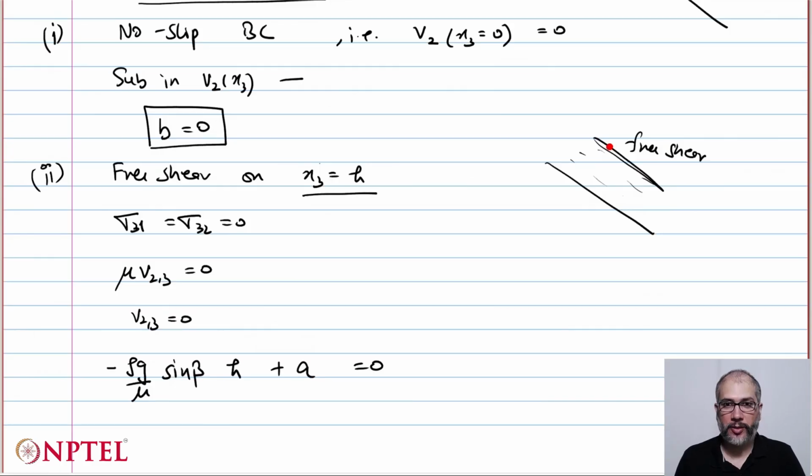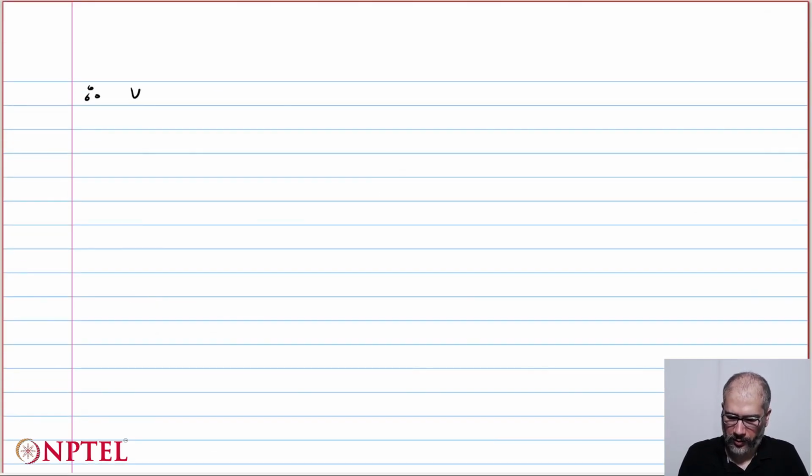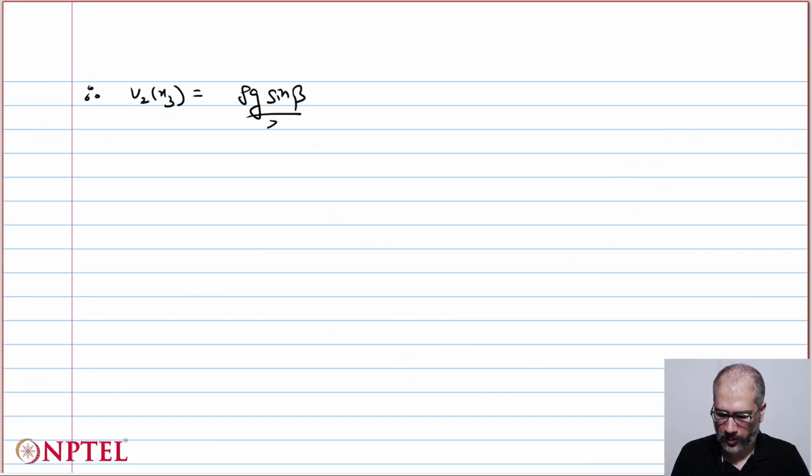So this was important, it's at x3 equal to h. And from here, we get the constant a as rho g upon mu times sine beta times h. So therefore, our velocity v2 as a function of x3 finally becomes rho g sine beta upon twice of mu times twice of h minus x3 times x3.